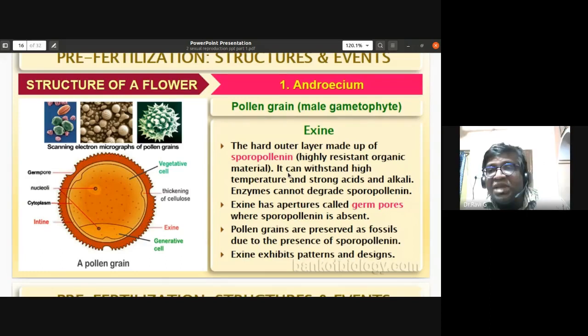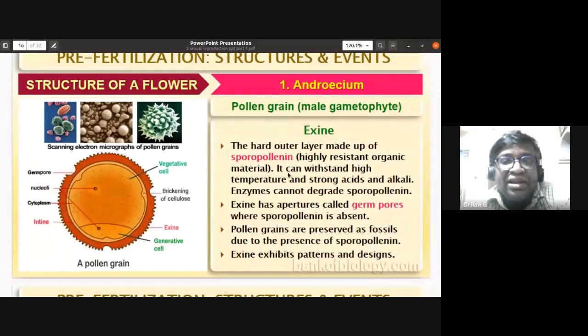So what we have to remember is that the pollen grain is also called the male gametophyte. This pollen grain has a hard outermost layer called exine, made up of sporopollenin, which is highly resistant to organic material. It can withstand high temperature and strong acids and alkali, and enzymes cannot destroy it.